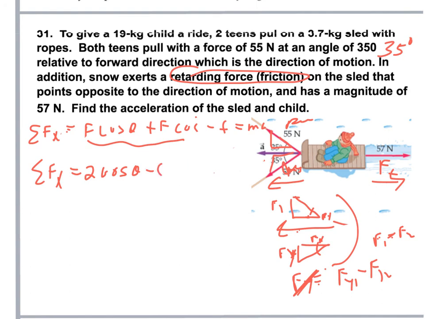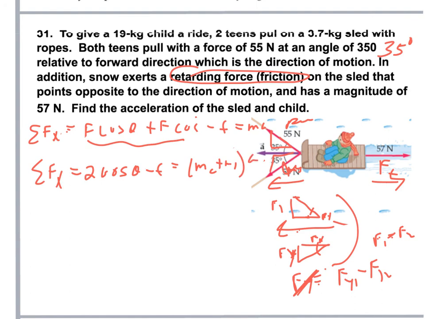So again, this is minus f equals MA. So the MA here is the mass of the child plus the mass of the sled times the acceleration.